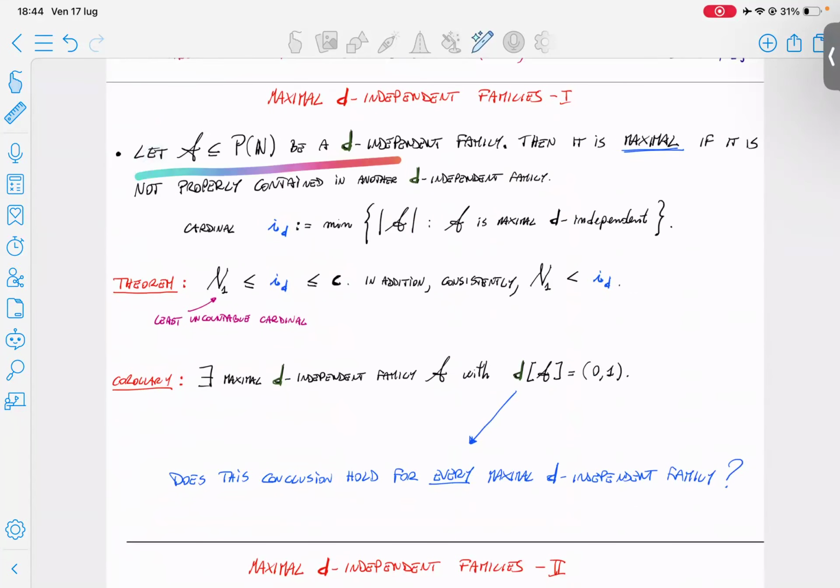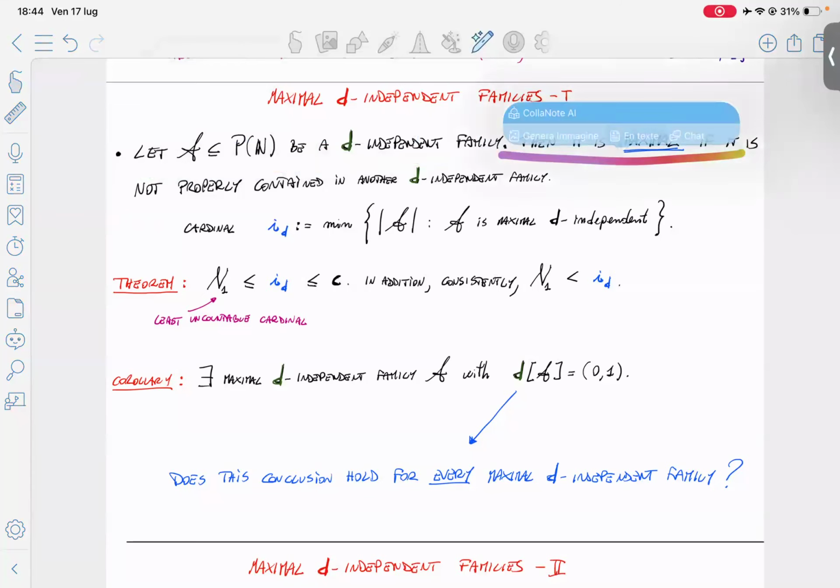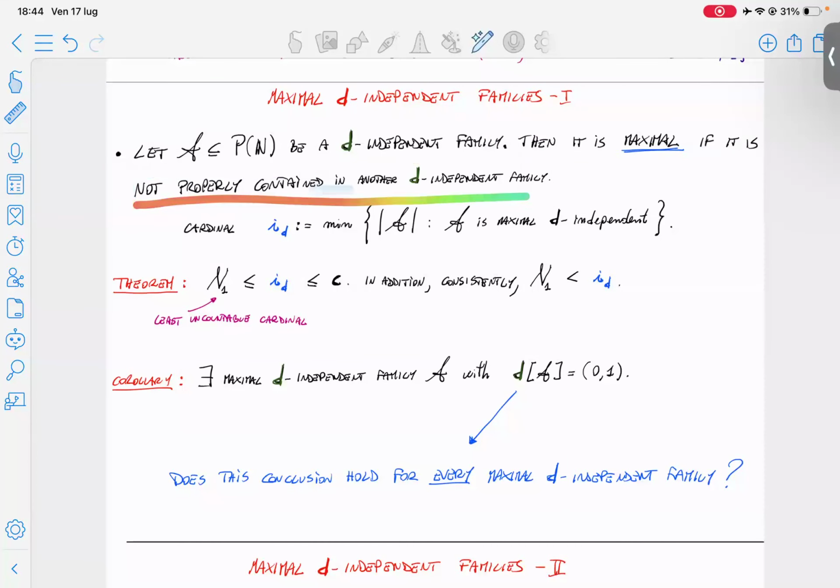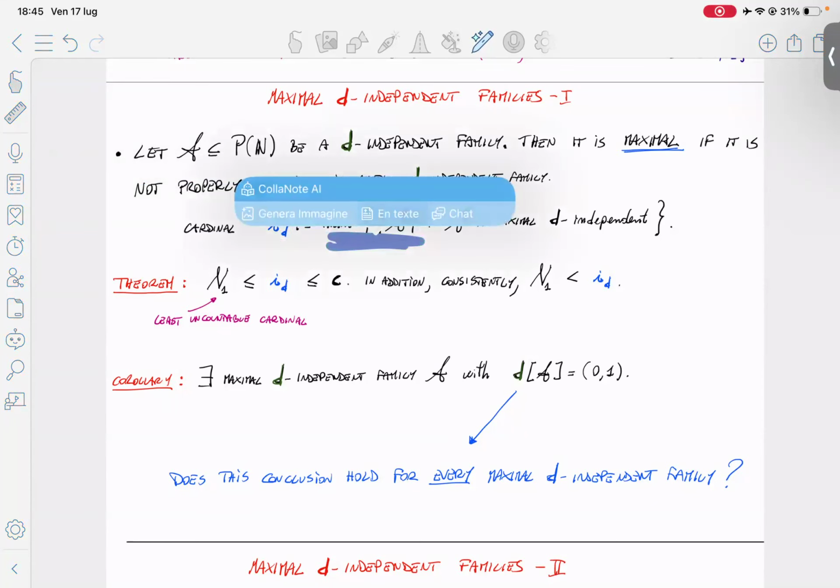If you start with a D-independent family, then it is said to be maximal, and this is the definition that we all know, if it is not properly contained in another D-independent family. So maximal with respect to the partial order of inclusion. With this definition, we can describe this cardinal ED, which is written in blue, which is the least possible cardinality of a maximal D-independent family of natural numbers.